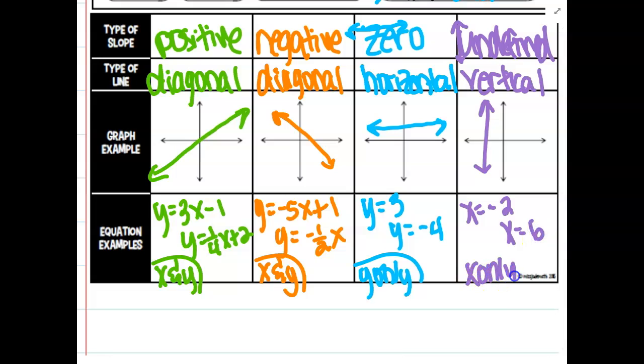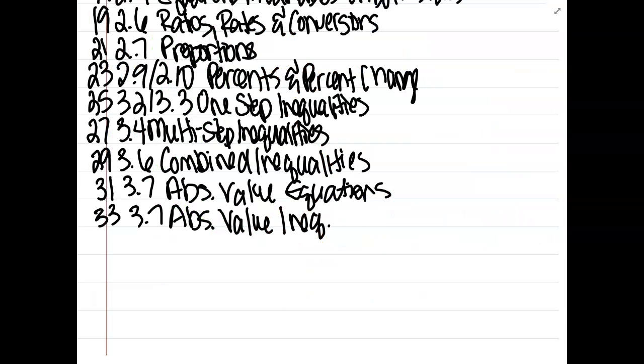The equation of an undefined slope is going to be an x-only equation. And my way that you can remember this, if you have an x-only equation and you're like, what does that look like? Think x like an axe. What does an axe do? Right? X like an axe. Okay? Let's get this glued in and then let's look at some examples here.